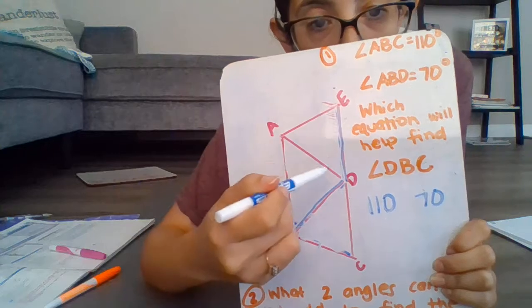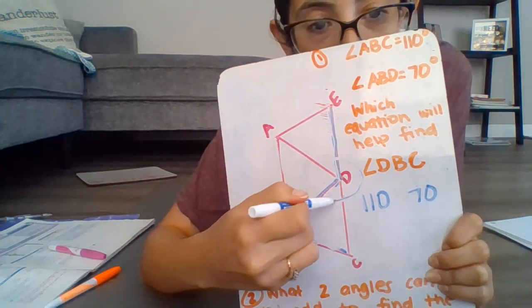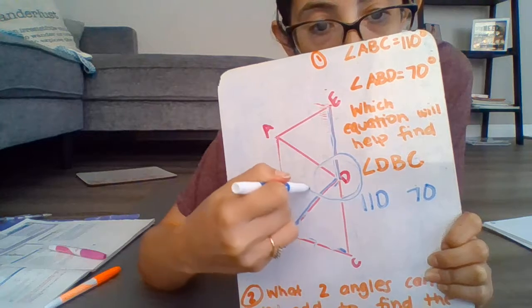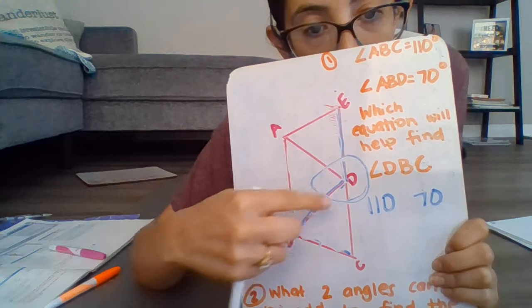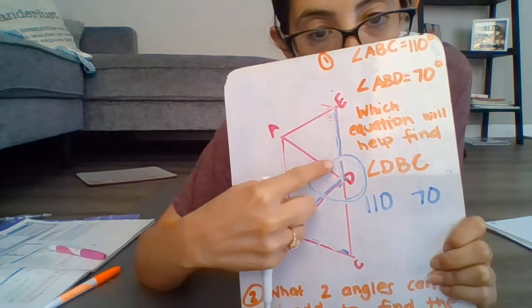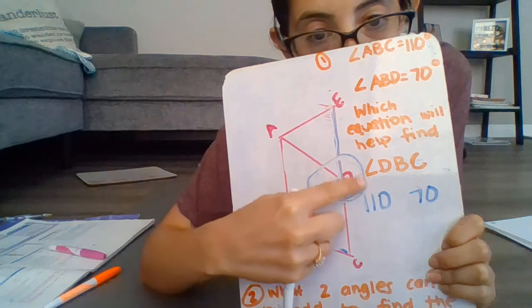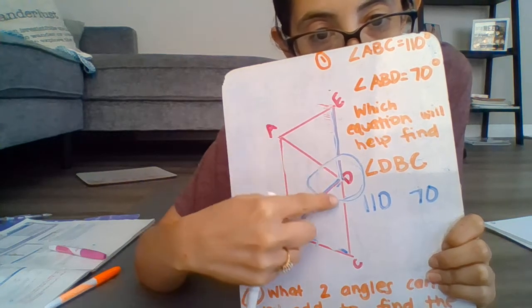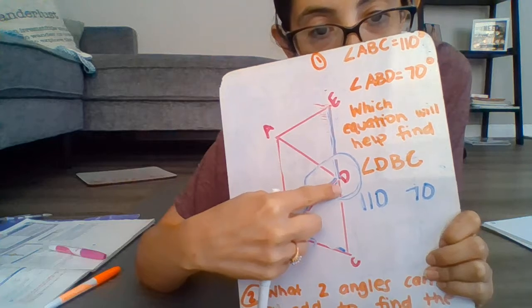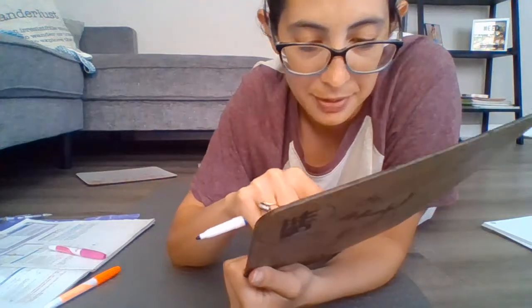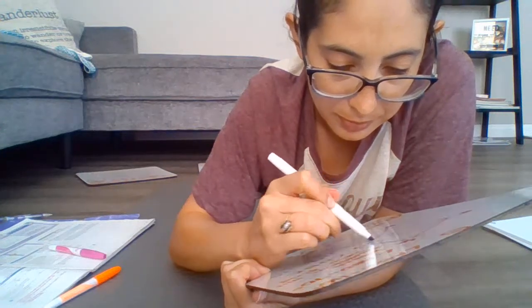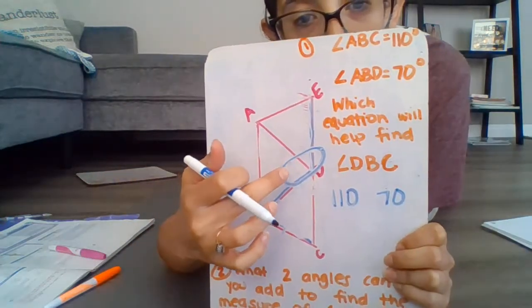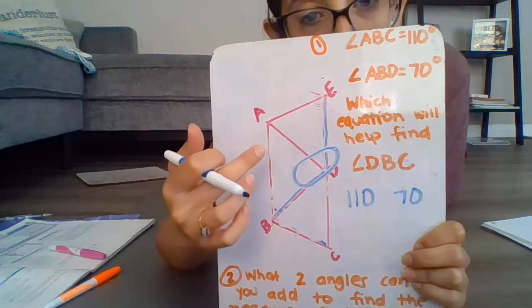So this is the angle right here that I need to find. So what two angles can I add to find BDE? Remember, this is the angle right here. Let me make that circle better. There you go.